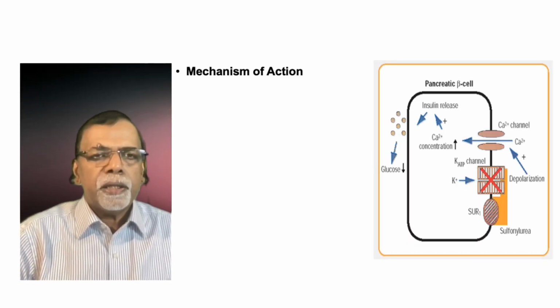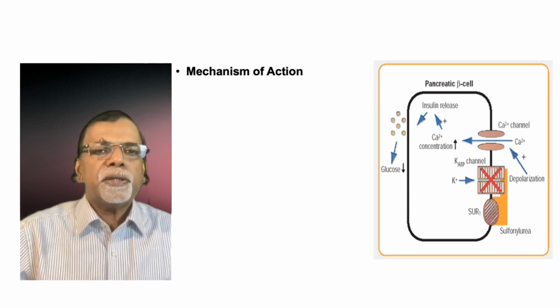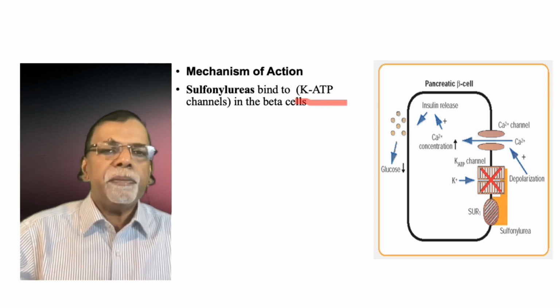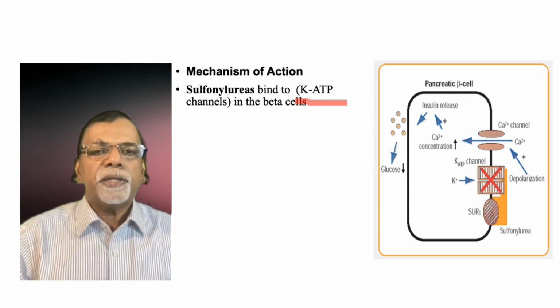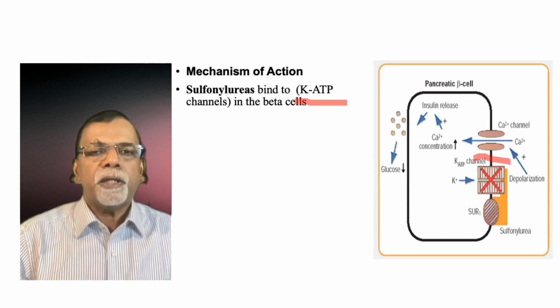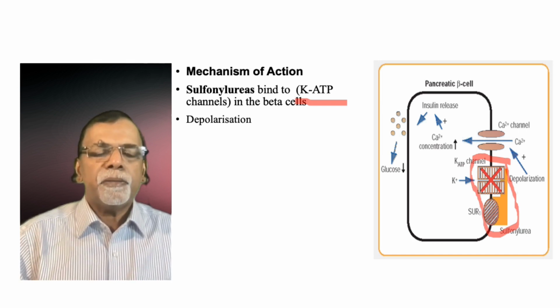Let us now take the mechanism of action of sulfonylureas. The sulfonylureas bind to the ATP-sensitive potassium channel. So here you can see the potassium channel. The sulfonylurea binds to the ATP-sensitive potassium channel, and what happens?